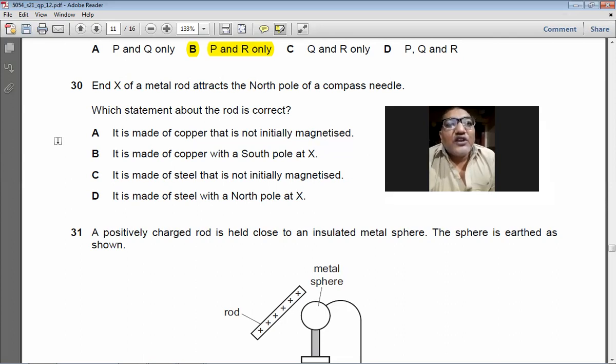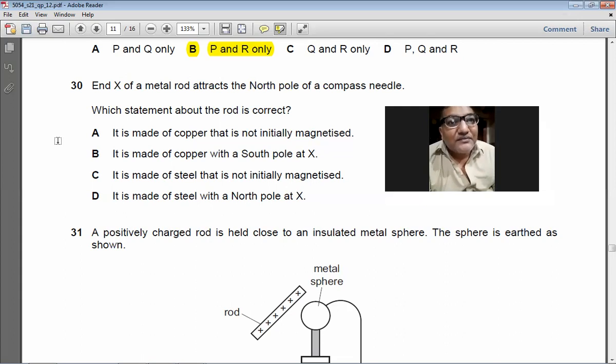It is made of steel that is not initially magnetized. Because the compass needle is a magnet and steel is a magnetic material, the magnet should be attracted to that steel. So the attraction between the compass needle and the steel is understandable.